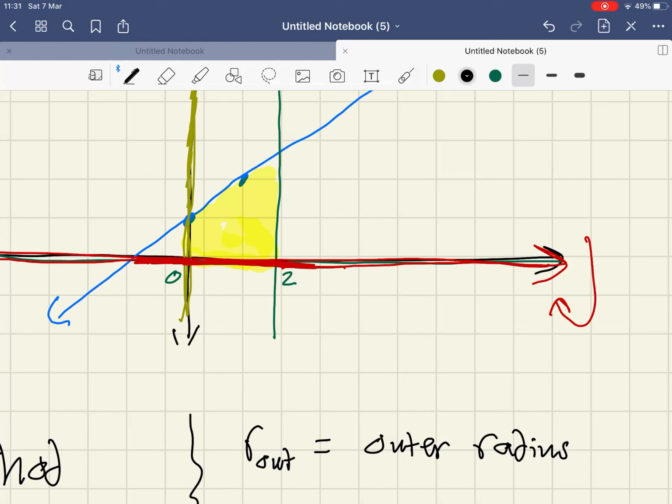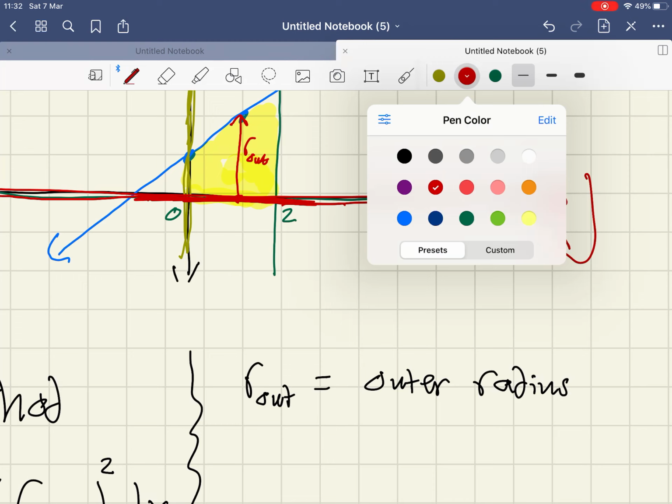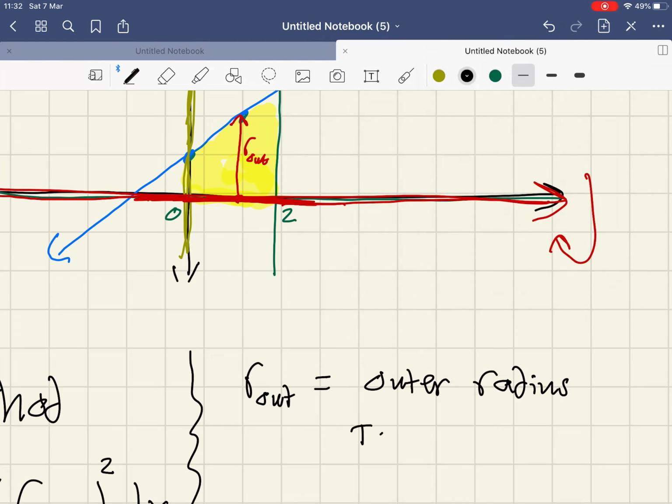So this is what we need to find here. The R out should be a line starting from the axis of revolution and going all the way to the maximum. And this is what we call R out. We need to find the length of R out. As you can see from the picture, it is the usual top, because it's vertical, like what we did in the rectangle before, minus bottom.